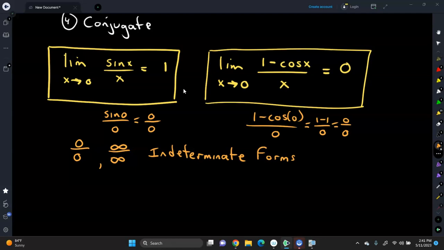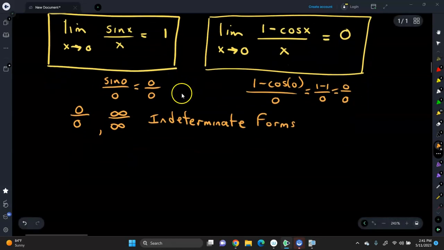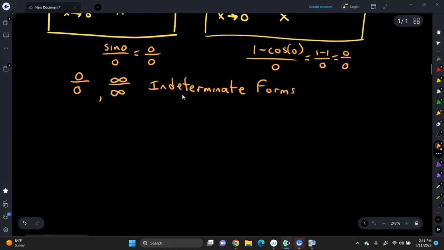If we get 0 over 0 or infinity over infinity, that is a problem, okay? There's another method that we are going to learn later when we learn derivatives, and that's called L'Hopital's rule. So we're going to skip that for now, but it is a method that we'll learn later.